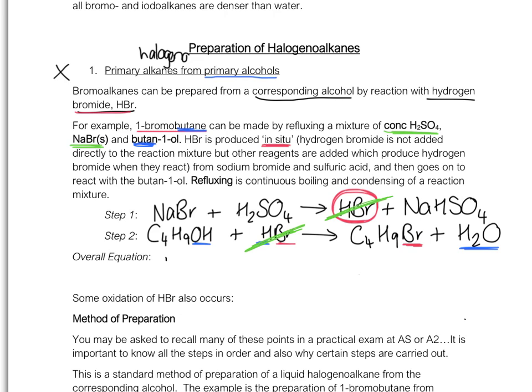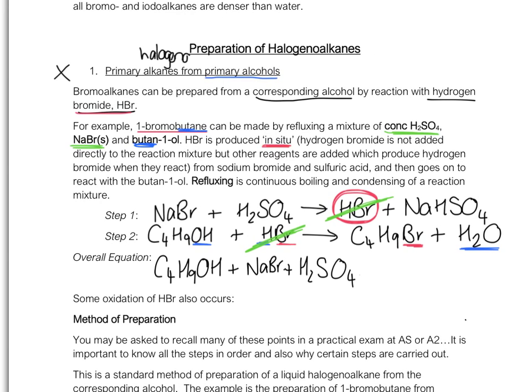And so your overall equation is your butanol plus your two reactants that make the hydrogen bromide, our sodium bromide and sulfuric acid, and they go on to make our bromobutane plus, as our side products, water and sodium hydrogen sulfate.